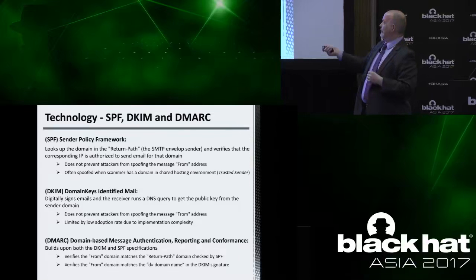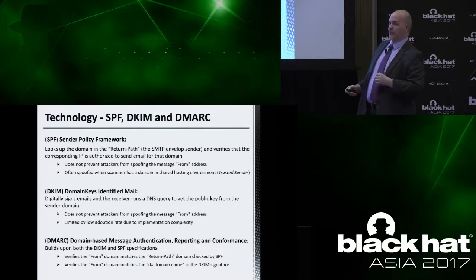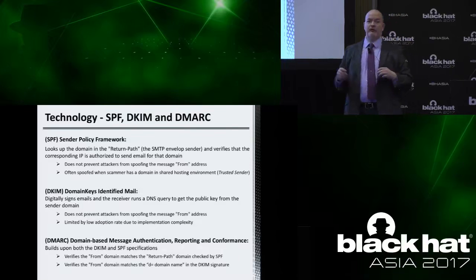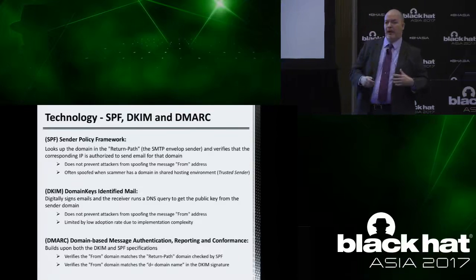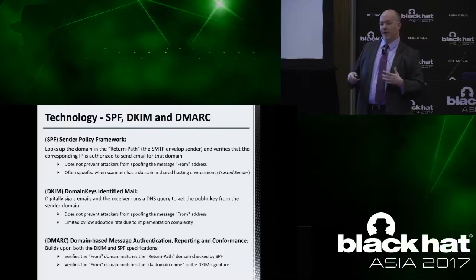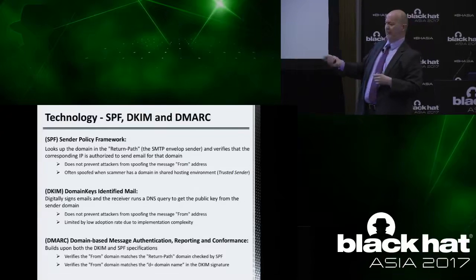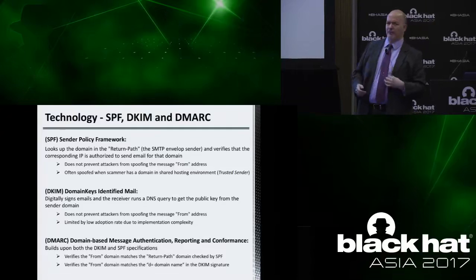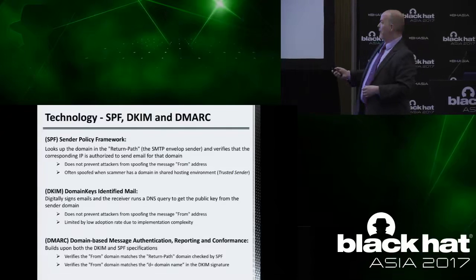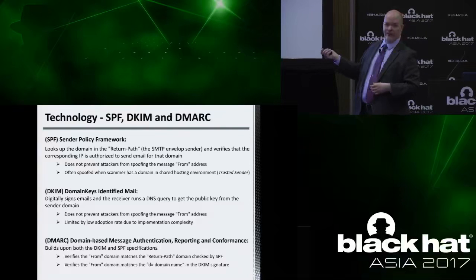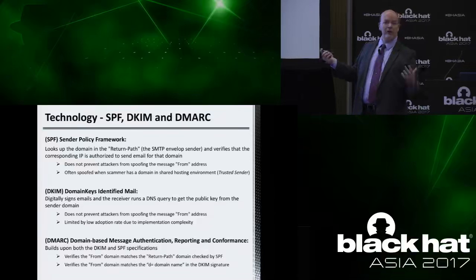And DKIM, I would say, is probably one of the most complicated email technologies to implement. And when people do implement it, a lot of times they do it in a very soft way. So even though you could do some things with DKIM that might help with fraud prevention, most places don't implement it that way. And very few places have implemented it at all, which is another problem, right?